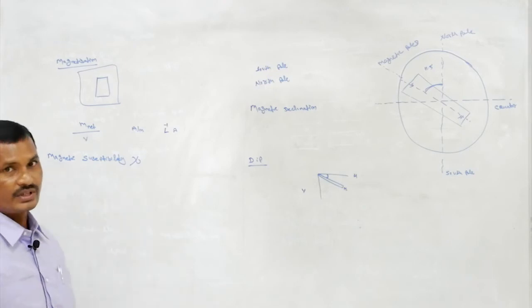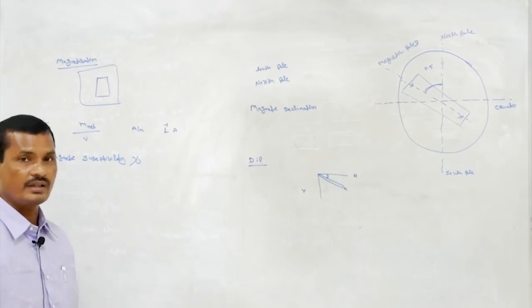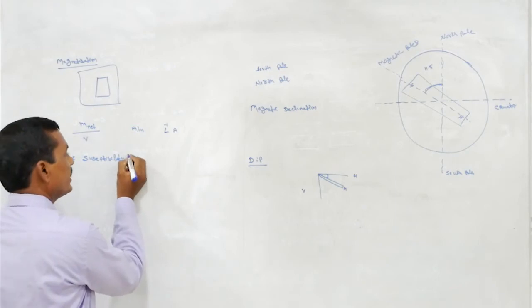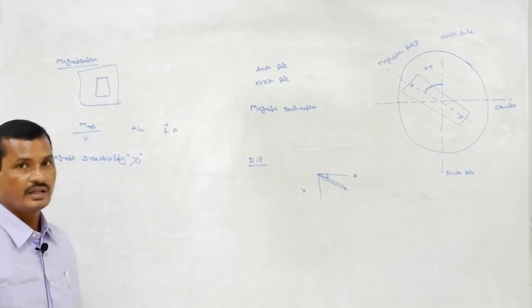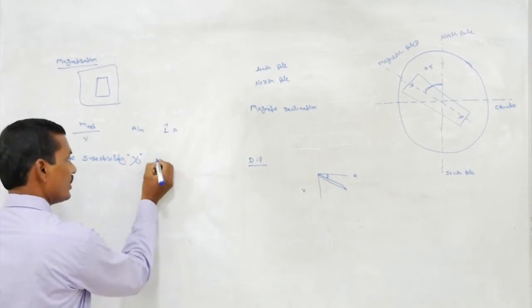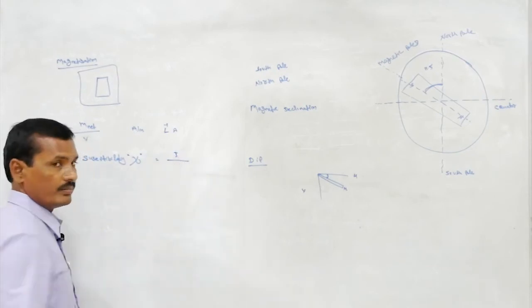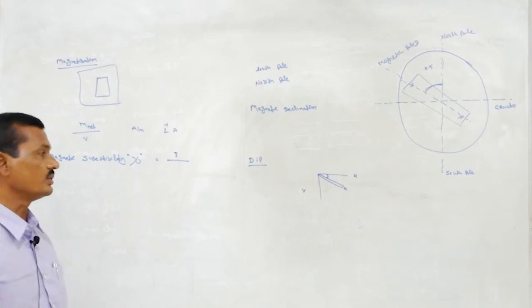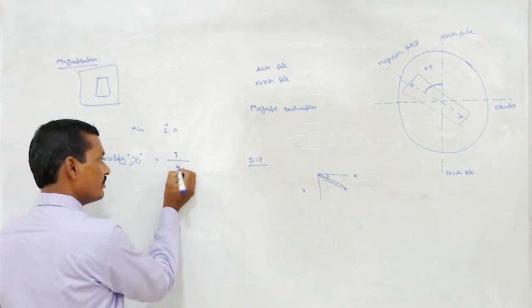Magnetic susceptibility, it is denoted by chi. Chi is defined as the ratio of the magnetization of a material to the applied external magnetic field.